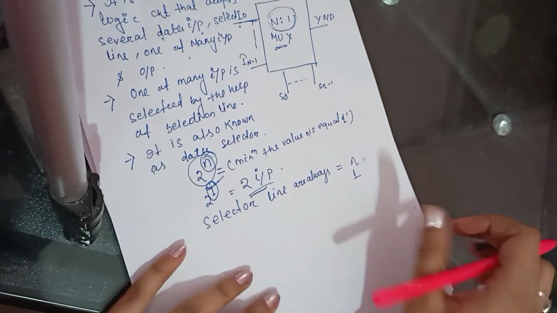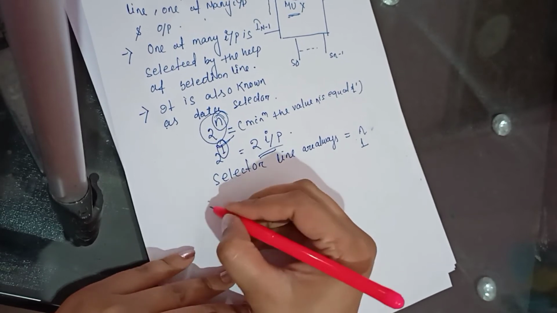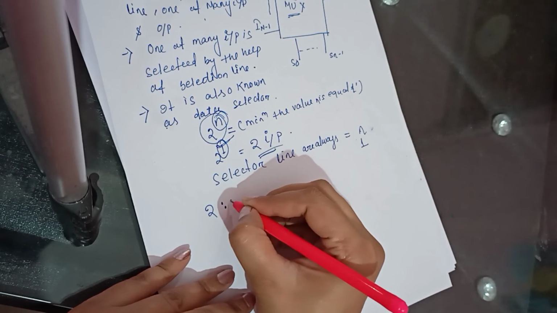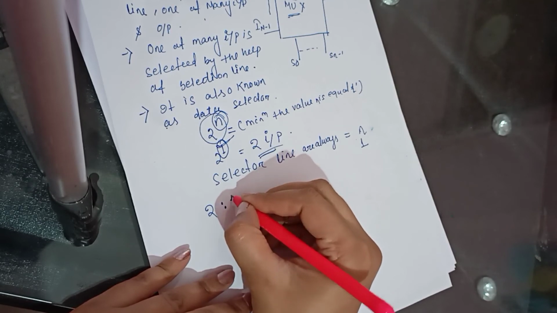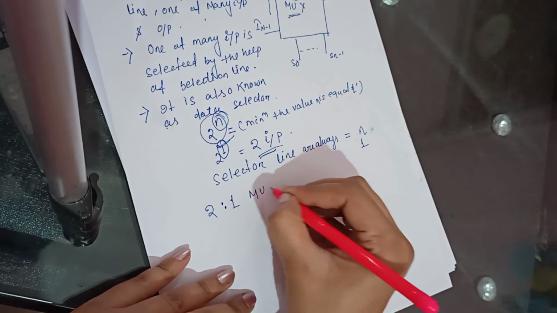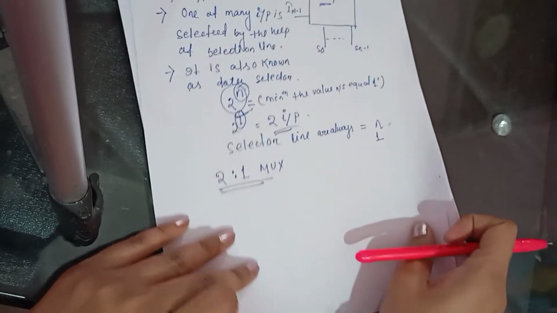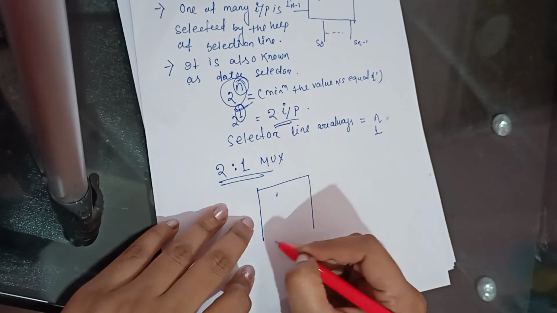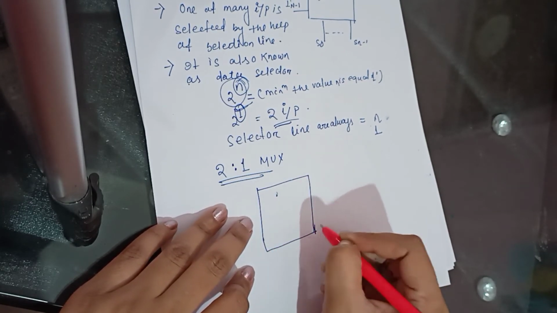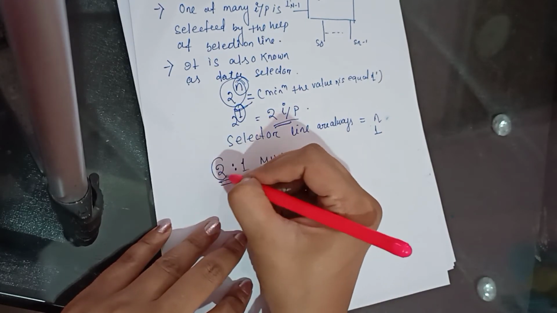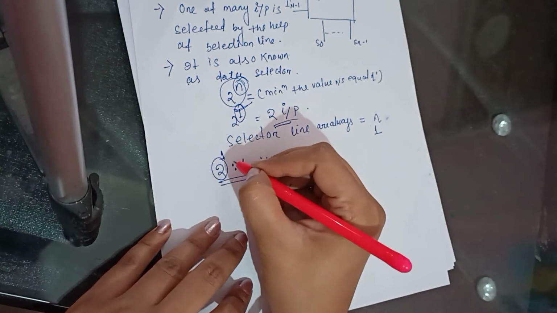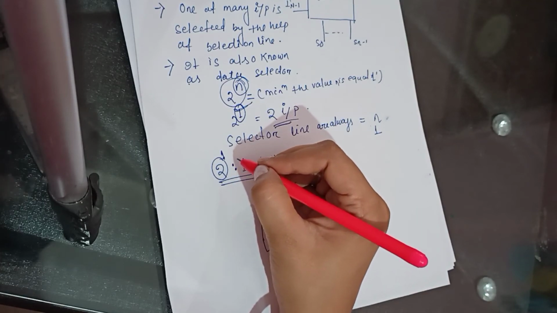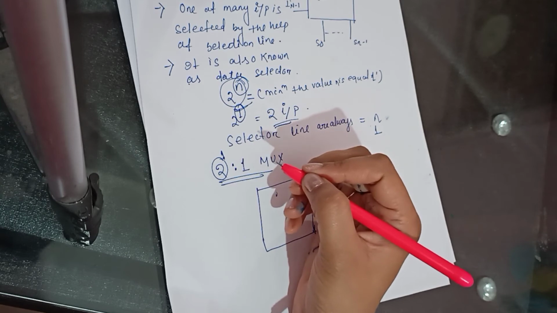Then suppose we are taking a 2 to 1 mux. How will the circuit be designed? The minimum value of n must be 1; less than 1 cannot be accepted.